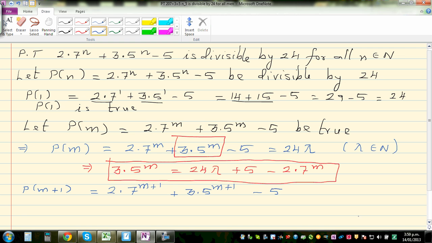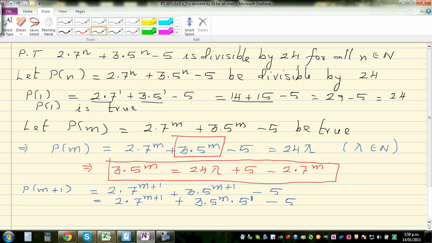minus 5. Okay, so I can write this as, I'm not going to change this first part. I am writing it as it is, but here I'm going to make a slight change. This is 3 times 5 to the power m times 5 to the power 1.